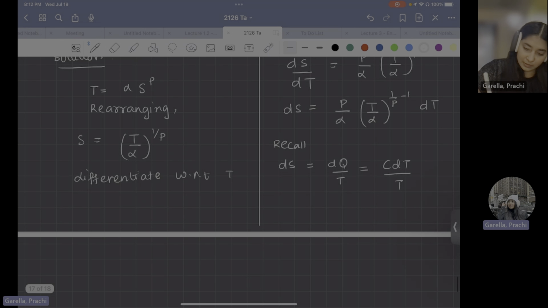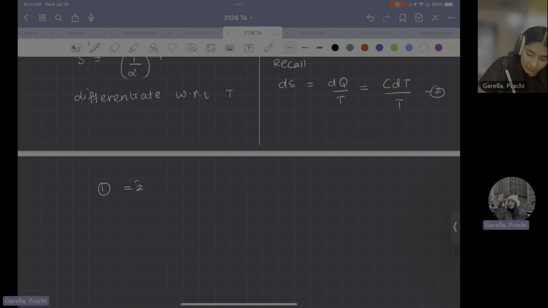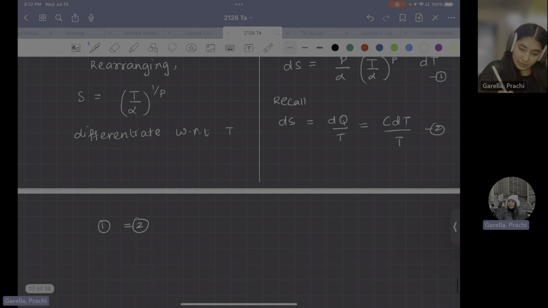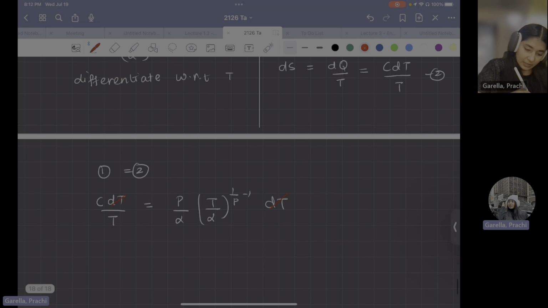So let's just take this to be 1, this to be 2. 1 equals 2. We get that C dT over T is equal to P over alpha, T over alpha to the power 1 over P minus 1, dT, right? These we can cancel, and we can find the expression for heat capacity to be P over alpha, T over alpha to the power 1 over P minus 1, and we get T here.